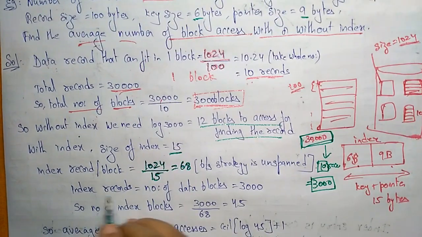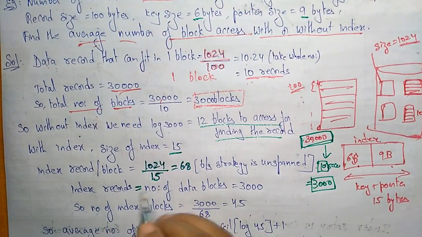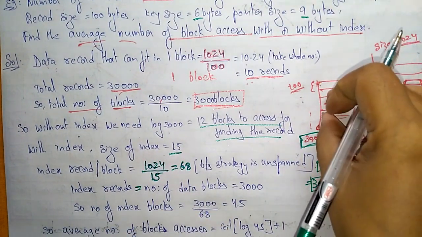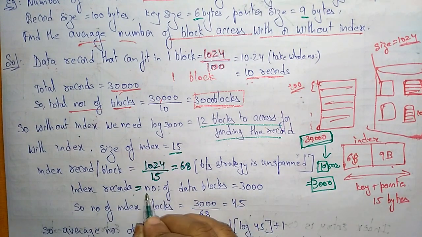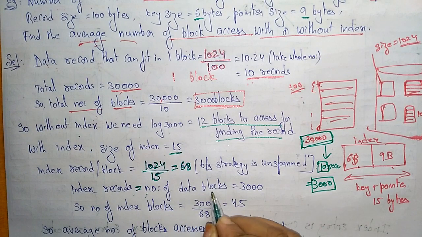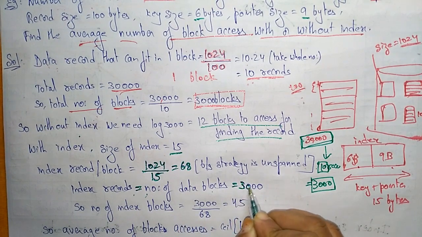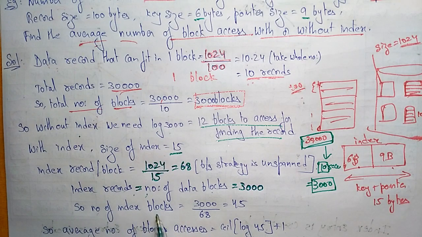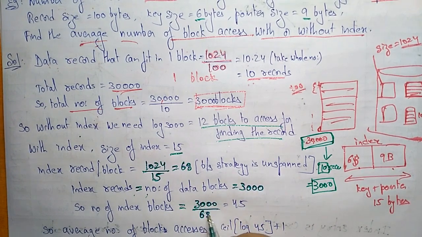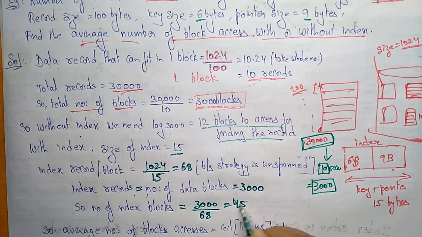The number of index records equals the number of data blocks, 3000. So the number of index blocks is 3000 by 68, which is 45.